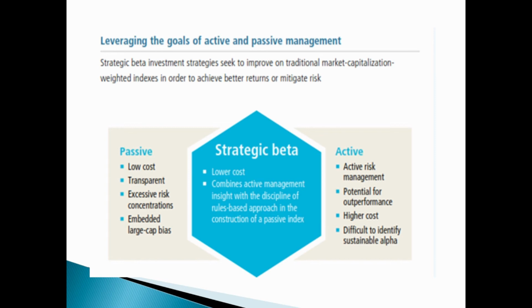On the right-hand side, you have active, so they're actively managing risk, is the potential for outperformance or underperformance. It's higher cost. But in the middle is strategic beta. It's lower cost than active, but higher cost as compared to passive. But it does combine active management in a rules-based environment. So it really is an actively managed product in our definition, following very systematic rules.